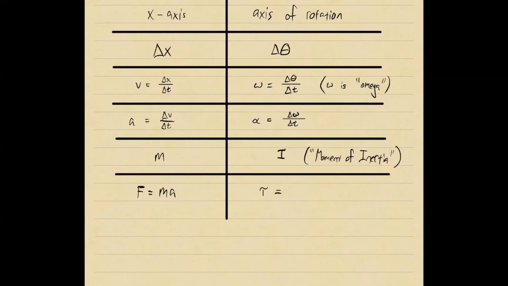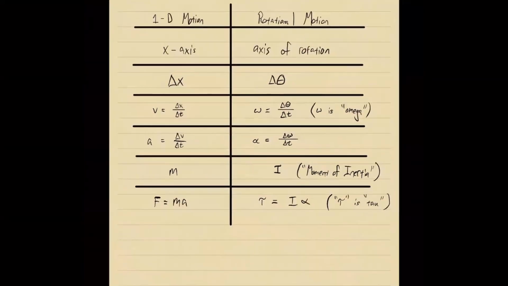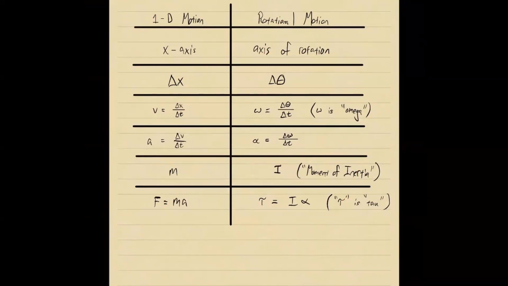That's going to be equal to the moment of inertia times the angular acceleration. So pretty much everything we've seen in chapter 2 has a rotational analog that we're going to be seeing in this chapter. If you're really comfortable with things from the second lecture of this course, you should be very comfortable with everything that follows.